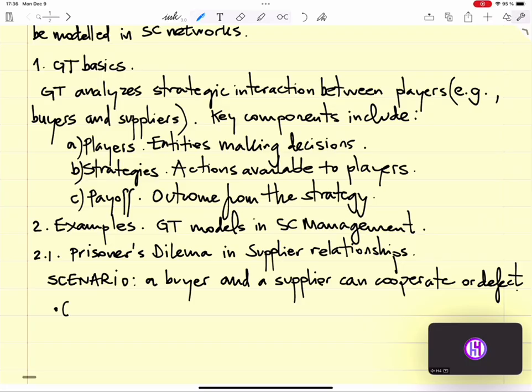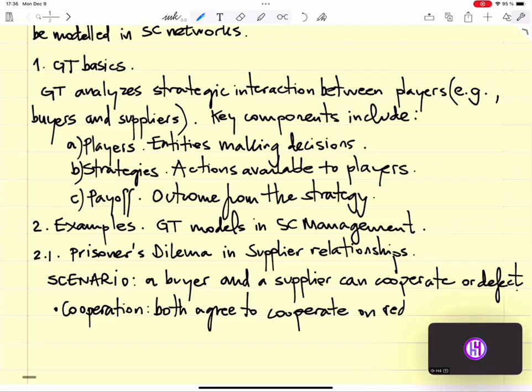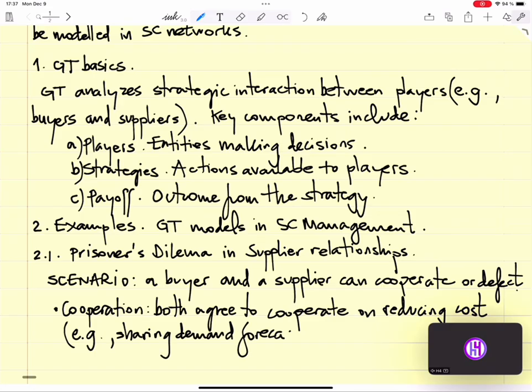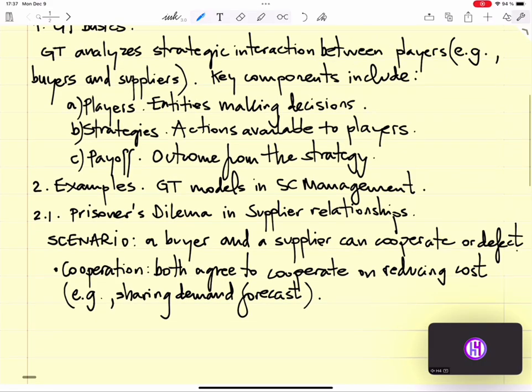In the cooperation, both agree to cooperate on reducing cost, for instance, sharing demand forecasts.